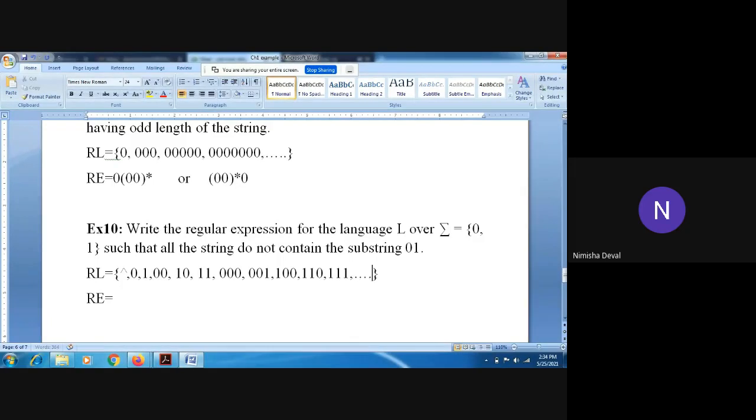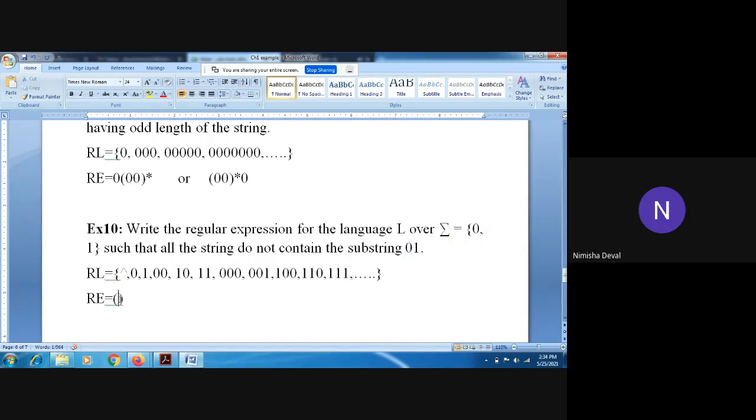Like this, all combinations. It means every string that starts with 1 is allowed, as well as all combinations of zeros, except that the substring 0 1 is not allowed.